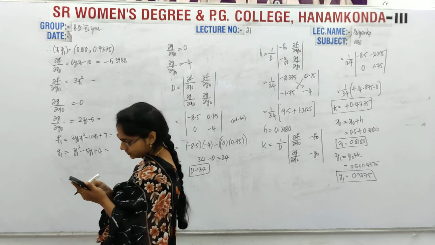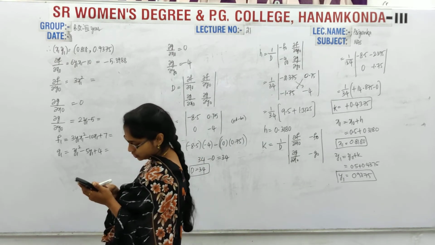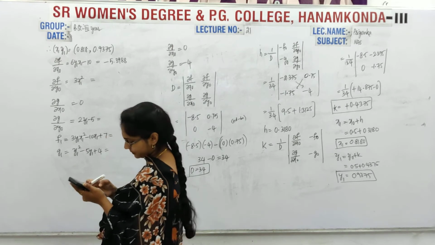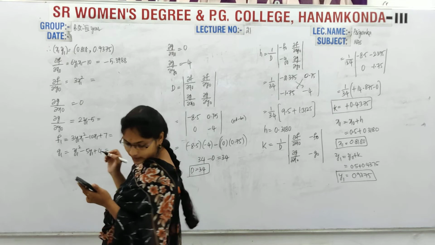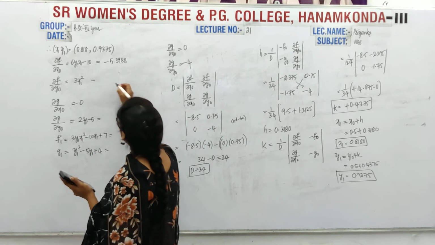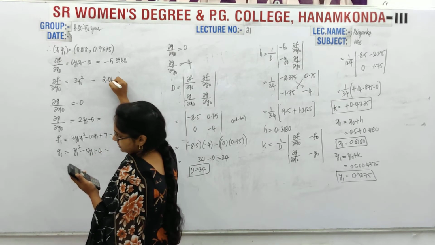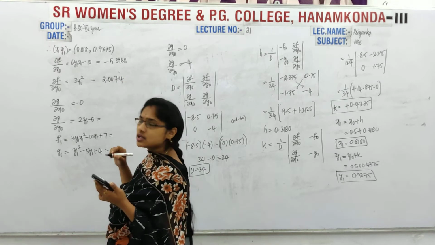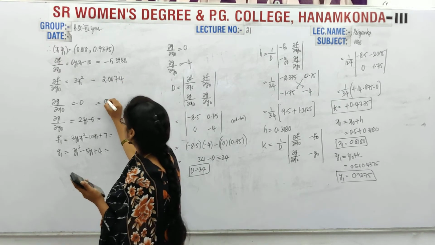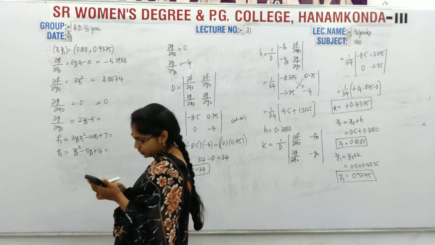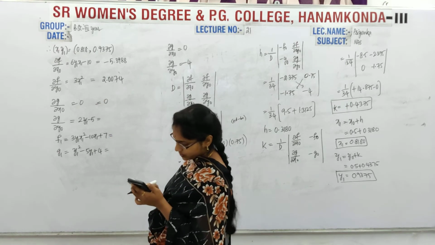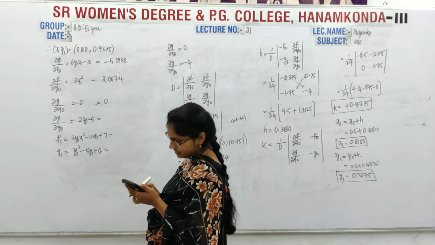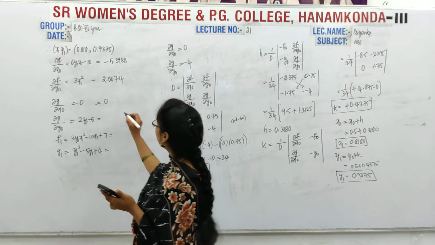Next, x1 square, 0.818 square into 3, 2.00737. I am taking only 4 digits, so 2.0074, rounded up. Obviously it is equal to 0. Next, 2 into y1 is 0.9375 minus 5, minus 3.125.